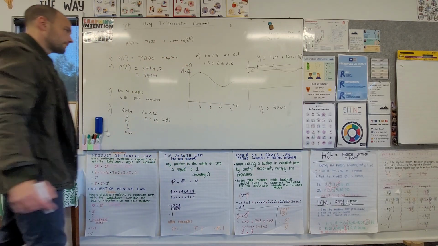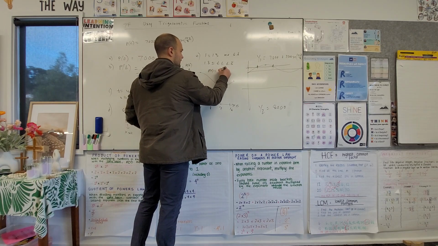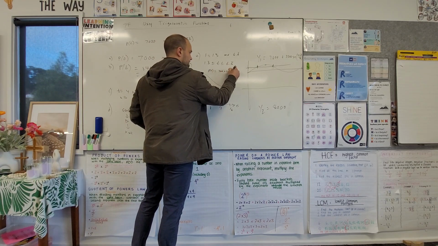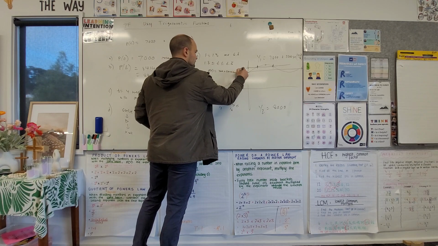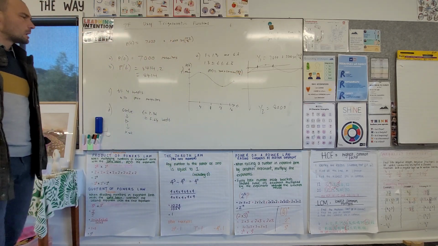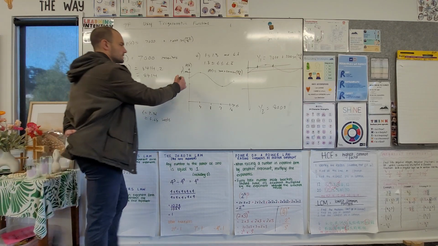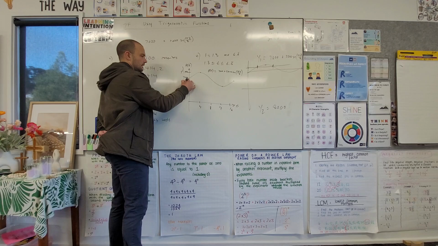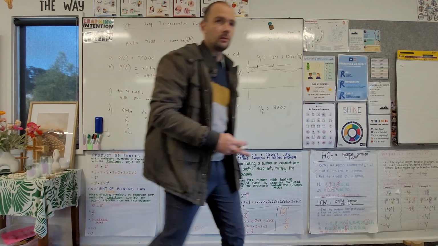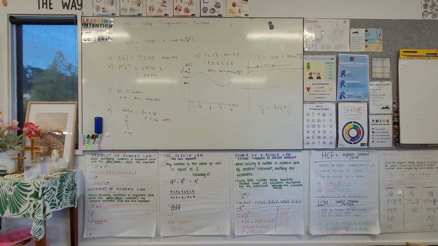We're going to label the function, so we have to have P of t equals 7,000 plus 2,000 sine. And if we've got the shape and a nice scale, we've got all of the things that are required. 5,000 there will be the lowest that it goes. Okay, any questions about generating a nice graph?